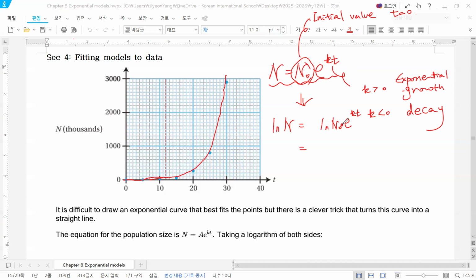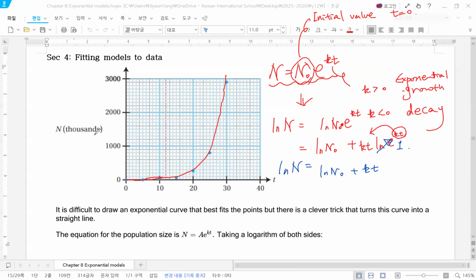So let's separate it. This is multiplication, right? Then ln N0 plus ln e to the power of kt, and of course we can move kt to the front. Very good. And then ln e is the value of 1. Therefore, you can write this as ln N equals ln N0 plus kt.